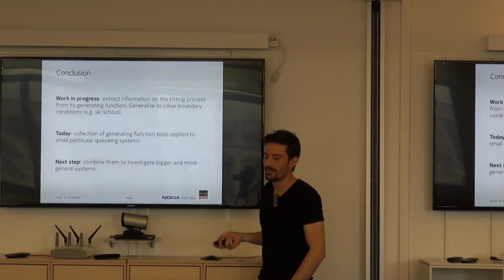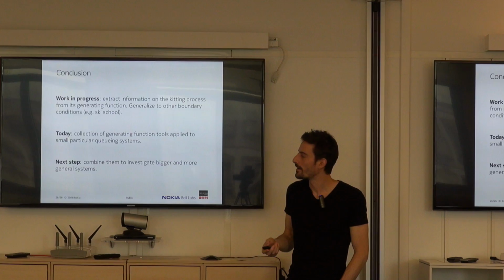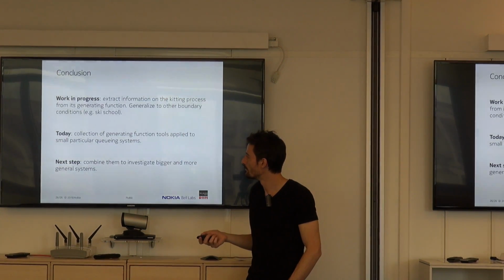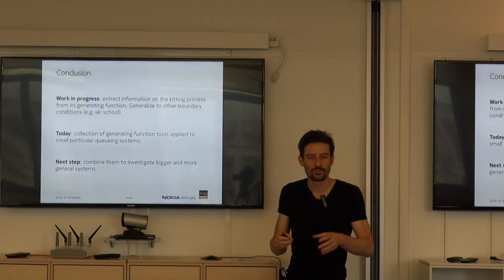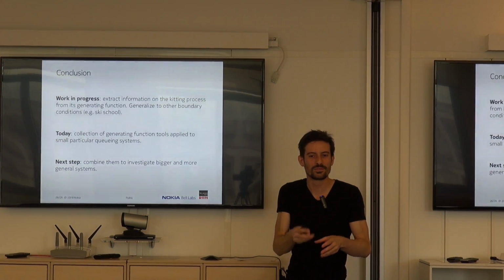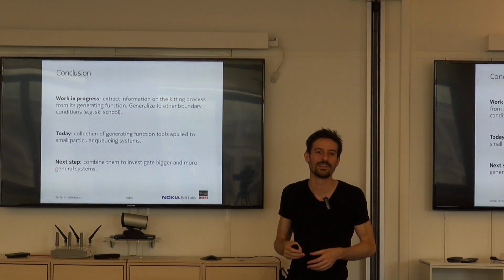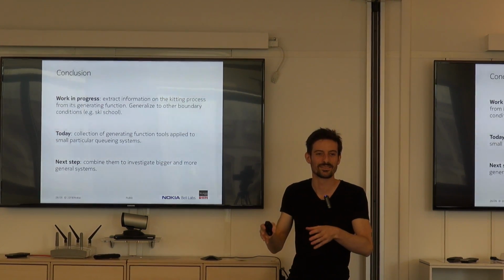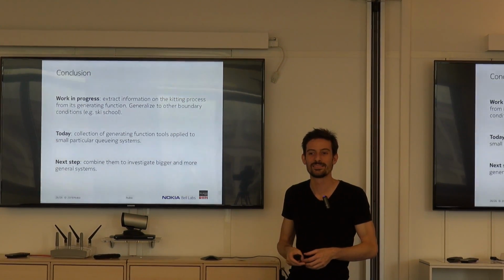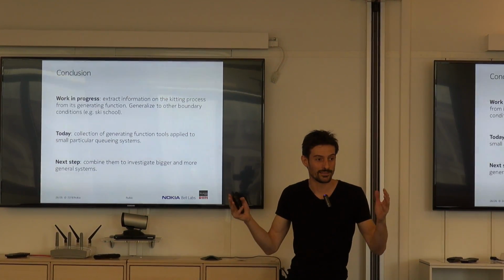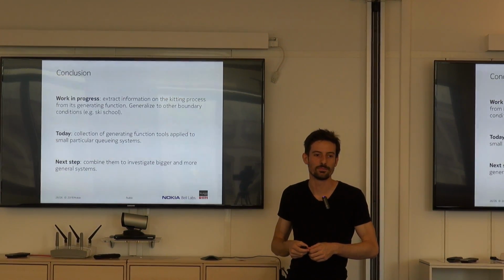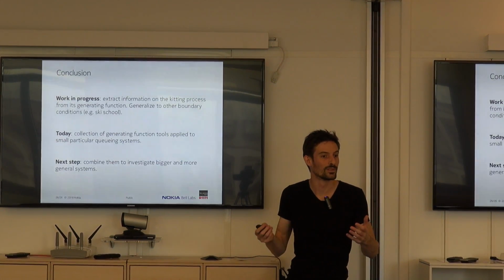And so, yeah, what are we doing here? We are actually collecting tools and collecting examples where those tools apply and trying to solve those small problems with two queues. That's very cute, but that's not the end goal. The end goal, of course, is to at some point say, oh, we have enough tools now, we can generalize them and try to deal with big systems with many queues.